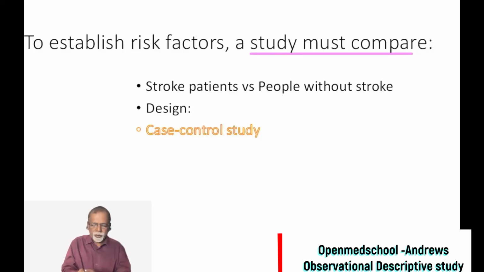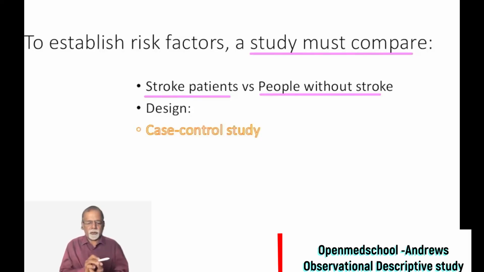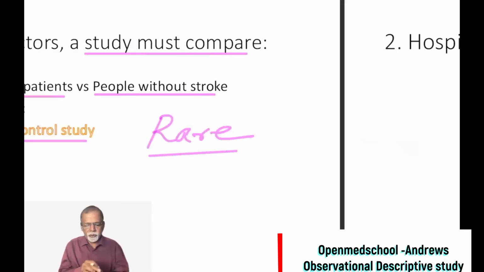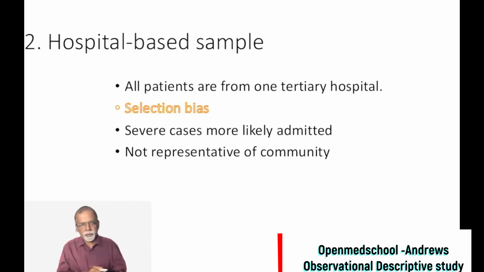If you are doing a comparative or analytic study, it should include stroke patients and patients without stroke. The ideal design, if it is a rare problem, will be a case control study. To establish a causal relationship for a rare problem, you go for a case control study, or you can go for a cohort study.